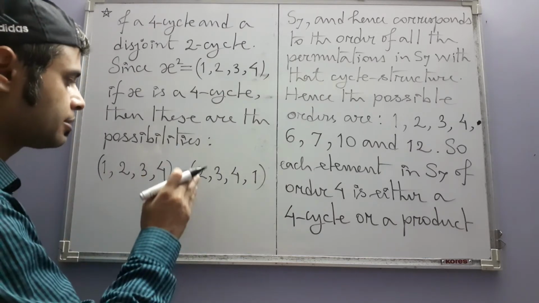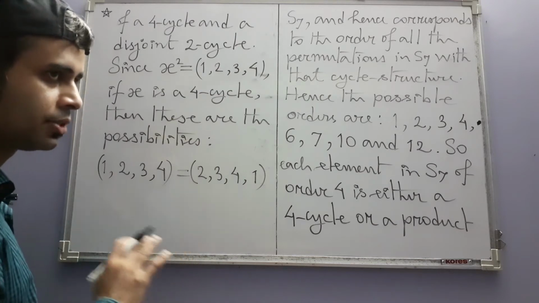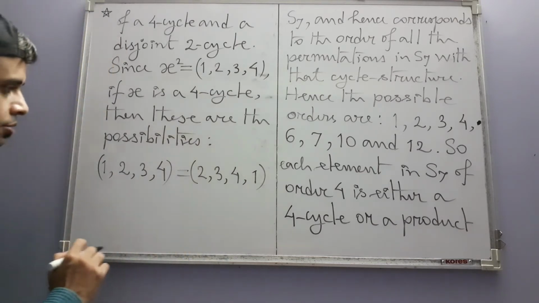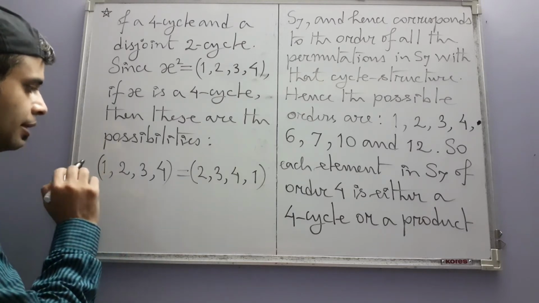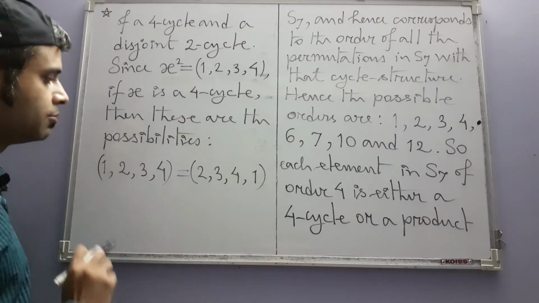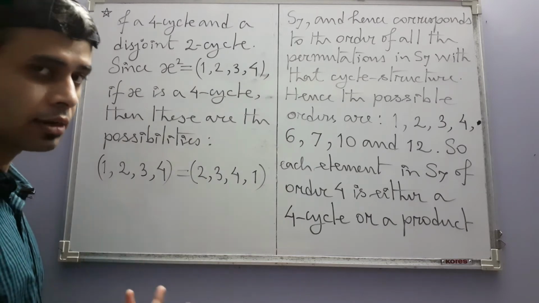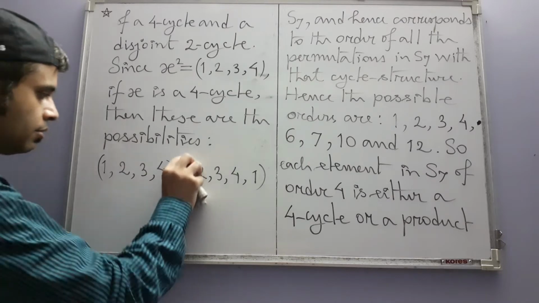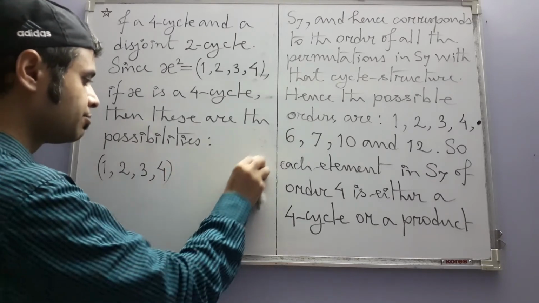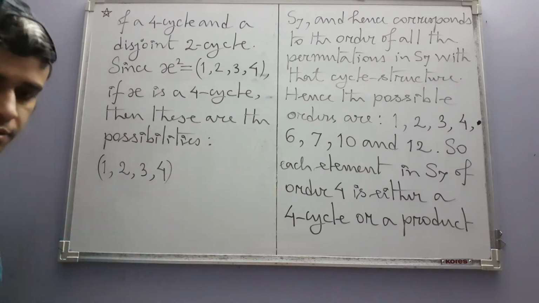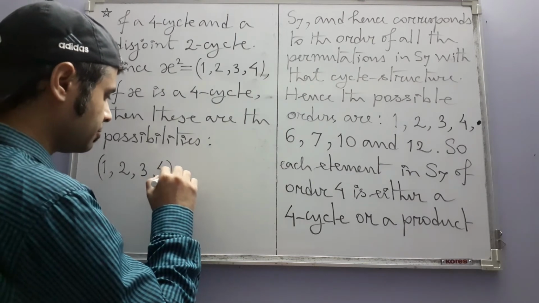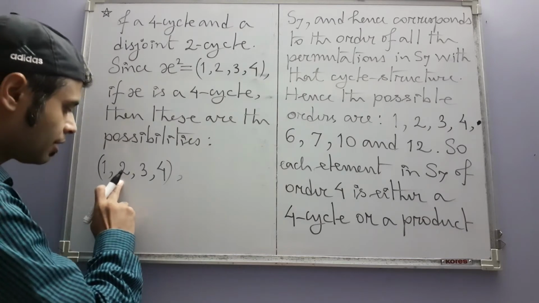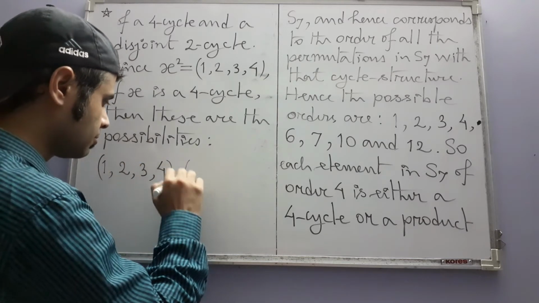But because the cyclic order has to be preserved, what you have to do is fix any one symbol and then permute the others. That gives you all the cyclic permutations. So we are going to keep one fixed in the first place and permute the others. That will give us all the 4 cycles which involve these four symbols.